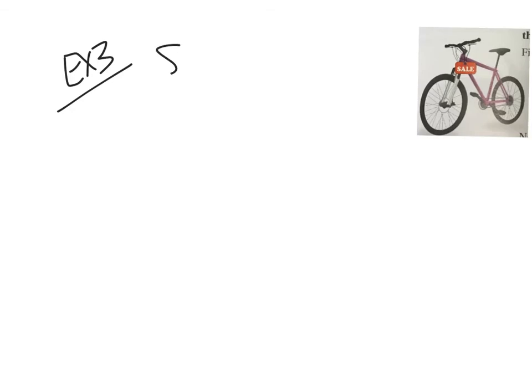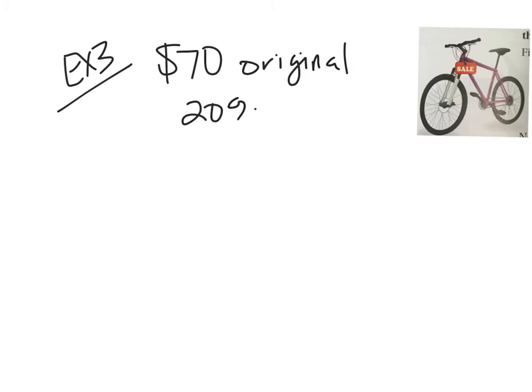The store paid $70 for this bicycle. So that was their original price. Okay, now they're going to sell it to their consumers, and they want to mark it up 20%. That's going to be their profit, 20% markup. What is the selling price?